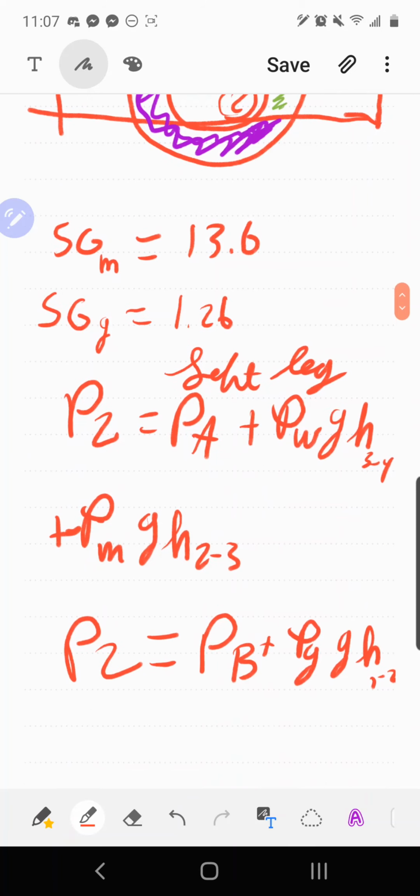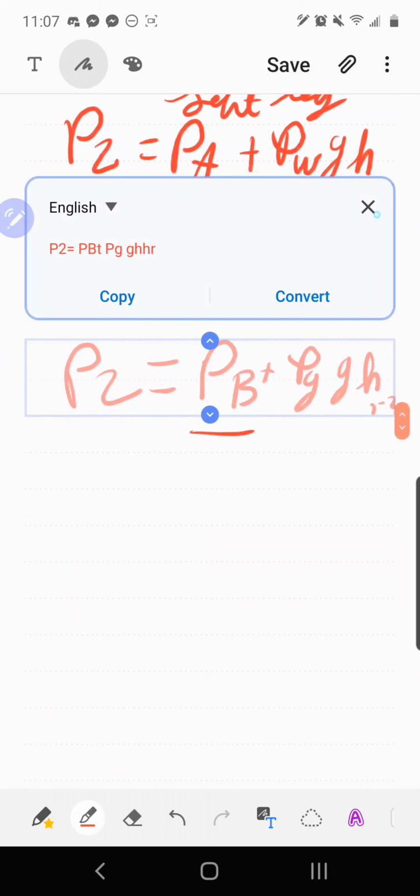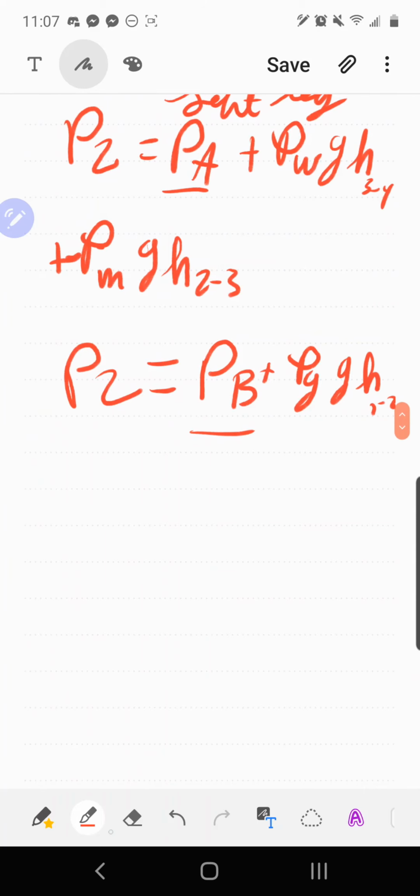Okay, so now that we have all of this, what is it we are actually looking for? Pressure difference between point A and point B. Finding these two then. So, PA, we can continue on.